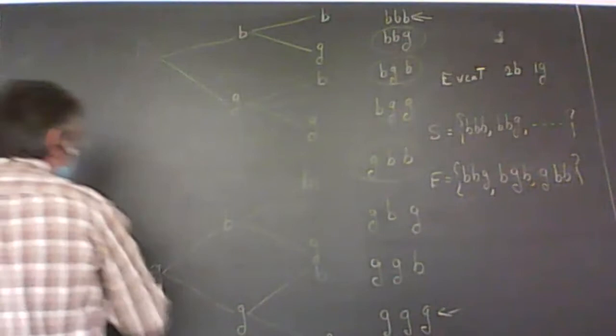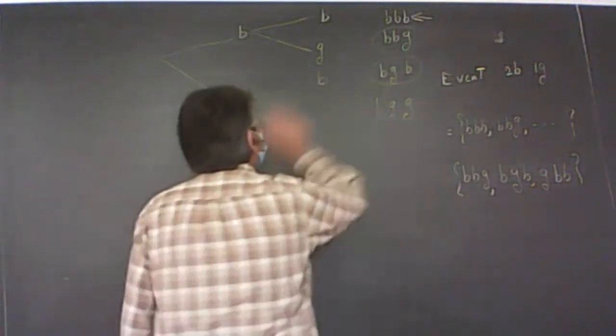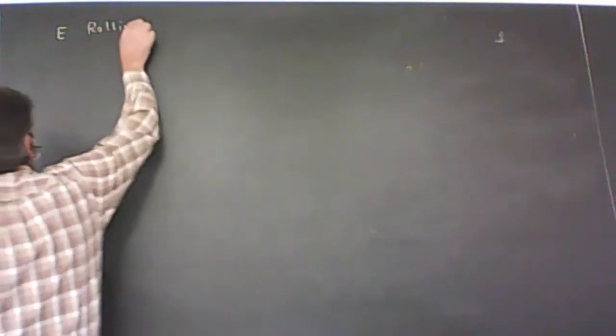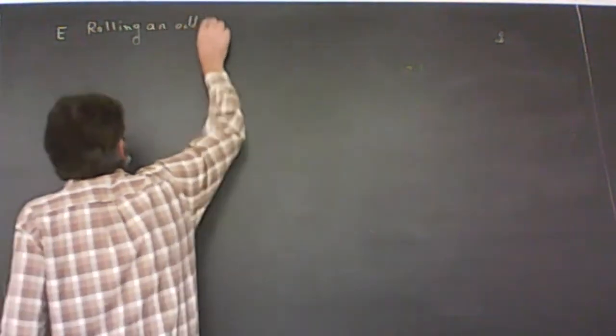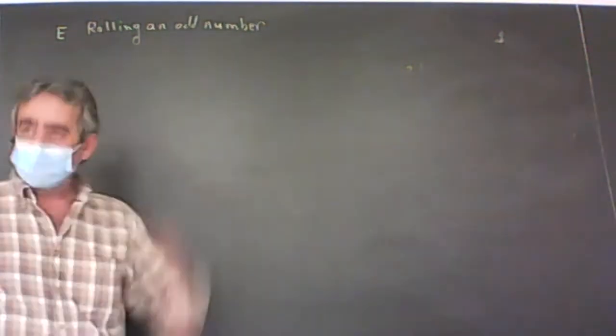We can have set operations on events. For instance, if we have two events, let's say event E, rolling an odd number, and we're looking at a six-sided die, yeah?